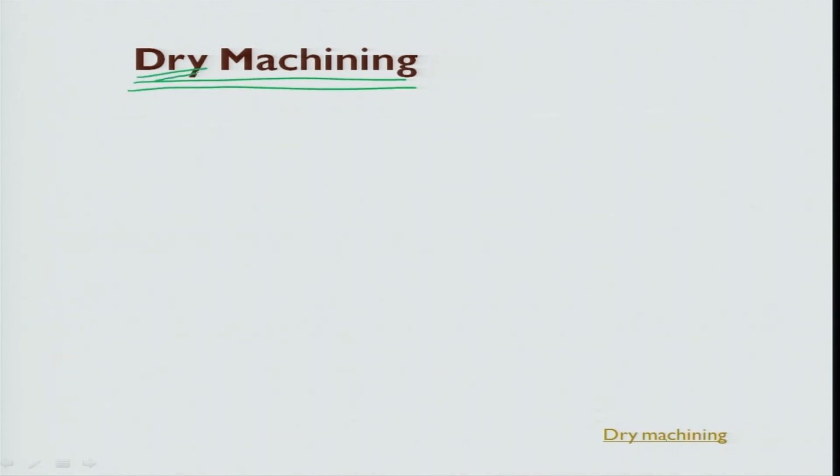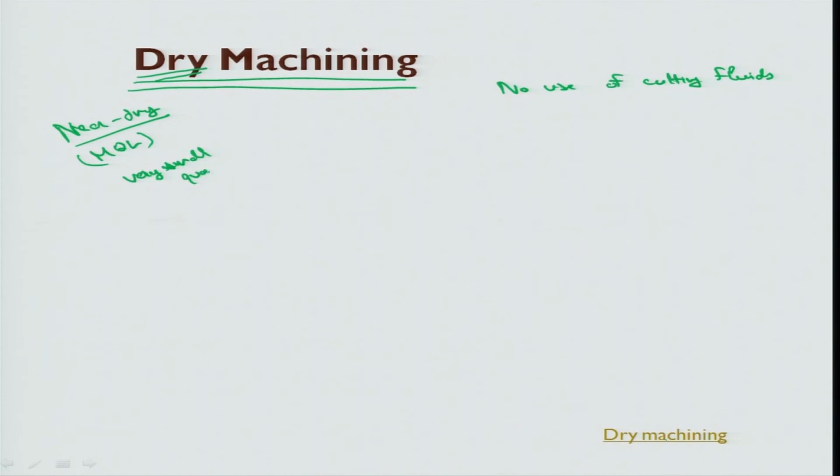Dry means dry machining, that is, no use of cutting fluids. Another process similar to this may be near dry. In the near dry process, also called the minimum quantity lubrication process, very small quantities of lubricants are used.